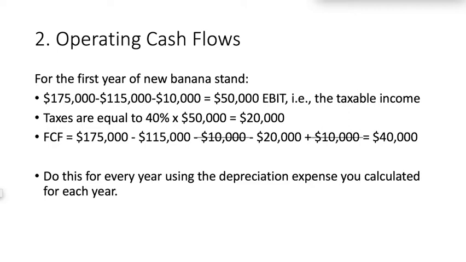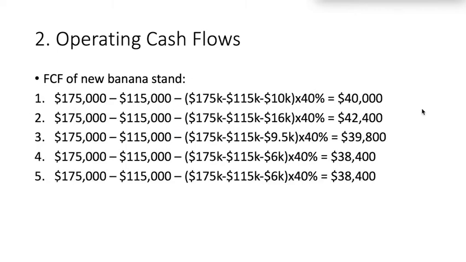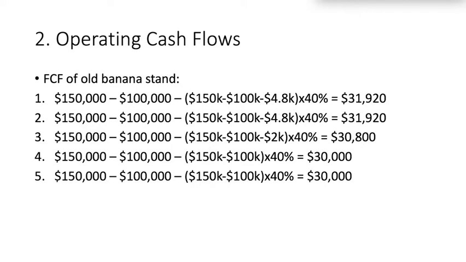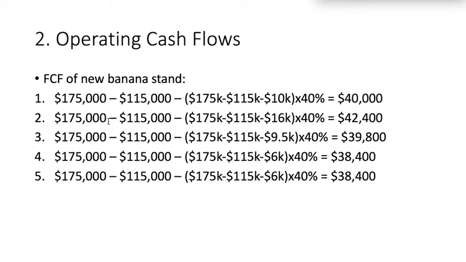We do this for every year using the depreciation expense amount, and we get the time series for the cash flows over time over the next 5 years for the new banana stand versus the old banana stand. So what we're doing here is sales minus expenses minus taxes. Taxes here takes into account depreciation, right?